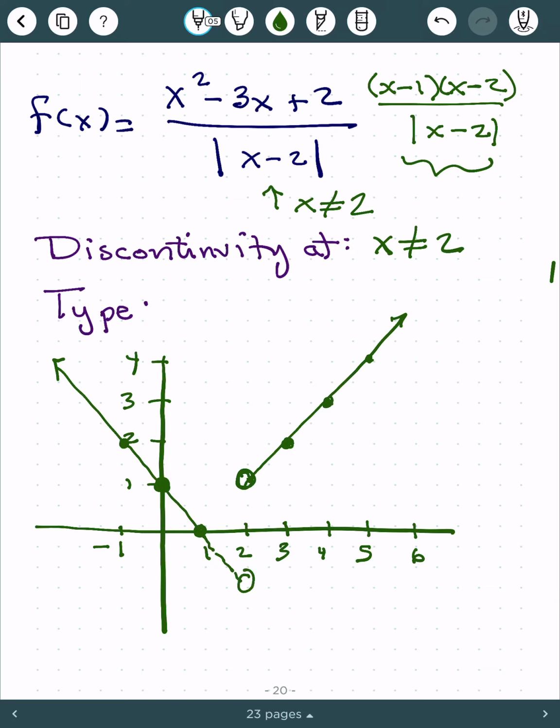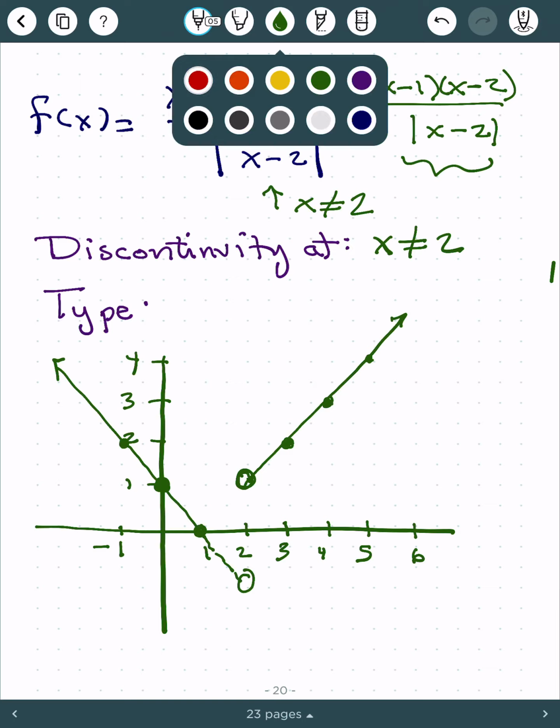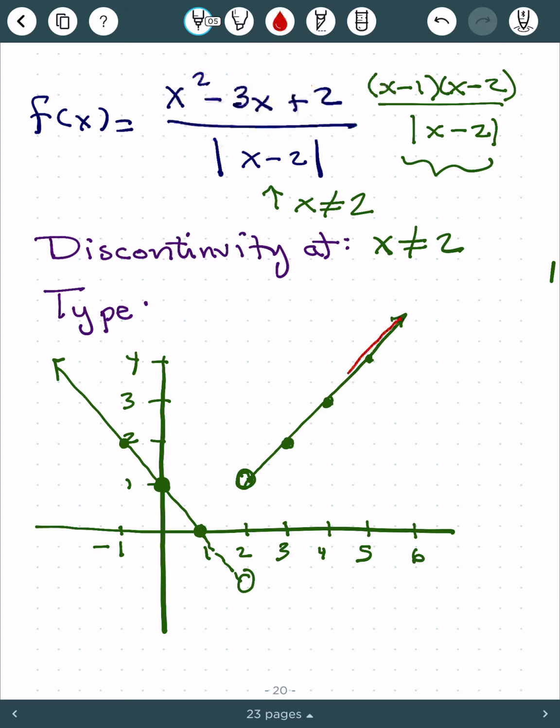Which one exists? Or does either exist? Well, they can't exist, right? Because x can't equal 2. So what I have here is a jump discontinuity. So, I'm doing fine along here, and then I get close to 2, and I have to jump down, and then I can go back up on the other side. So this is a jump discontinuity.